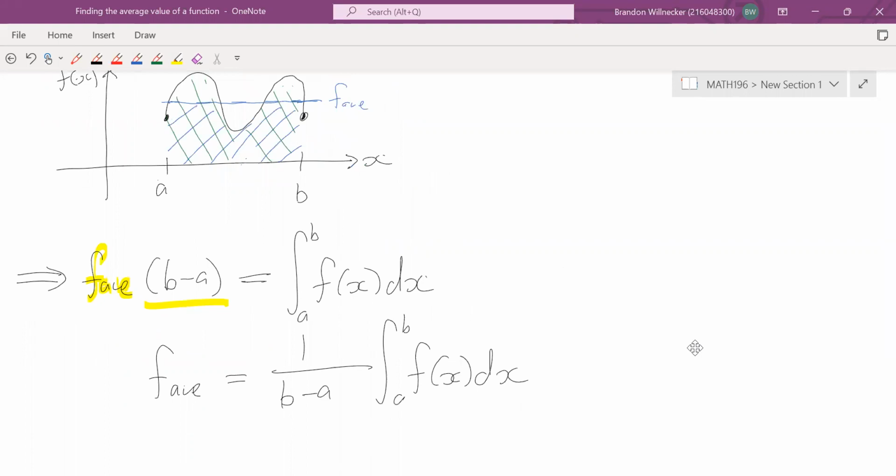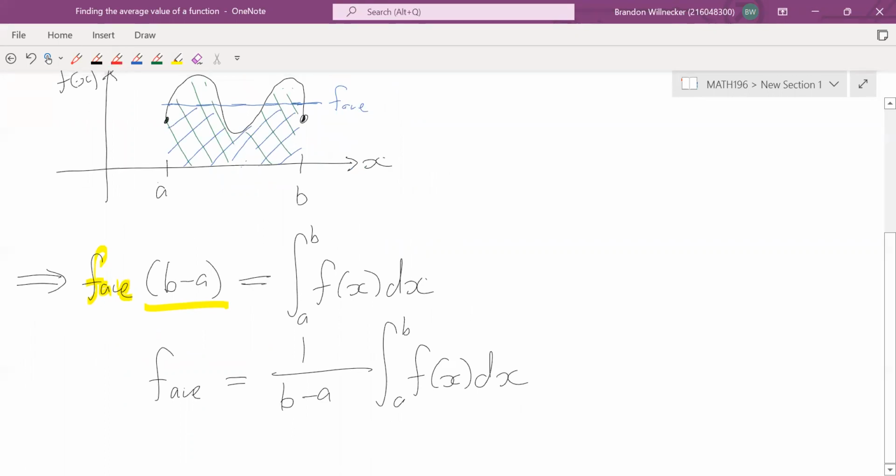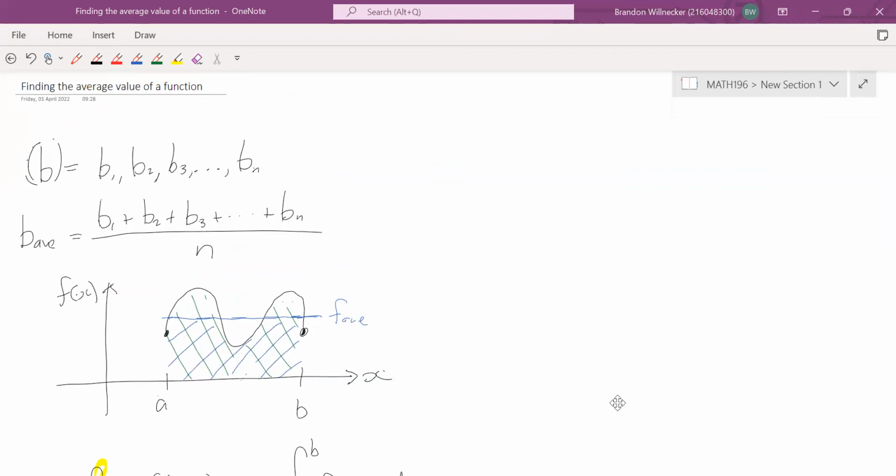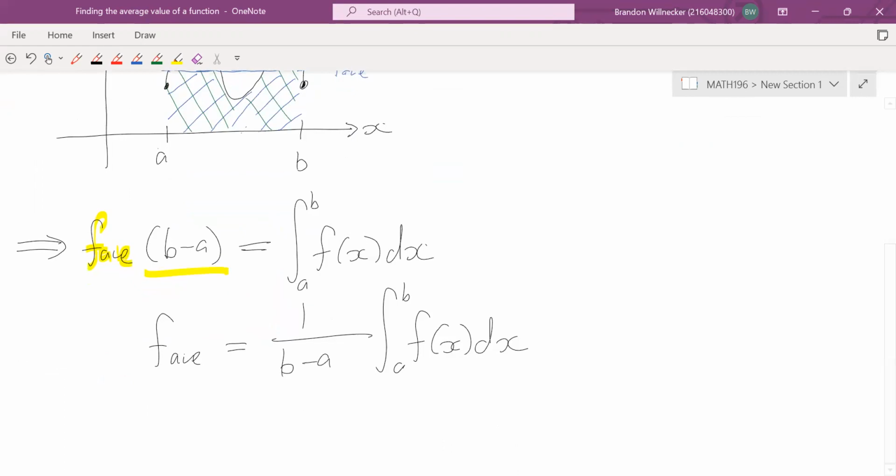And we see that this is very similar to what we started off with. The average of the b terms was the sum of the b terms divided by how many there were. Now in this case, we have the integral of the function divided by the width of the interval.